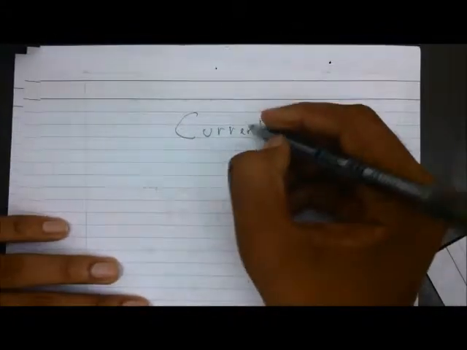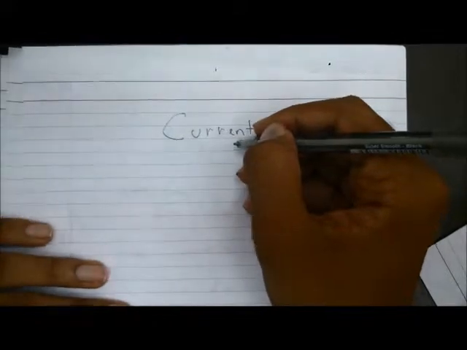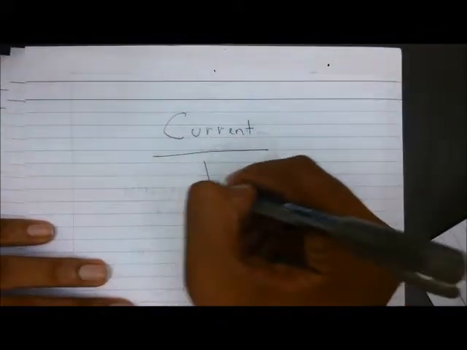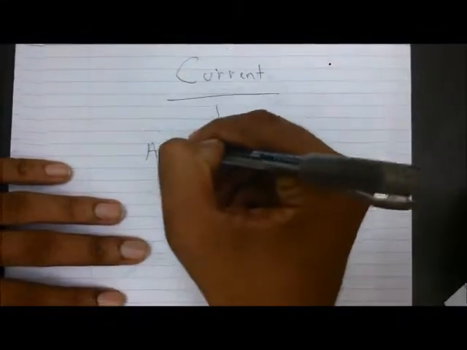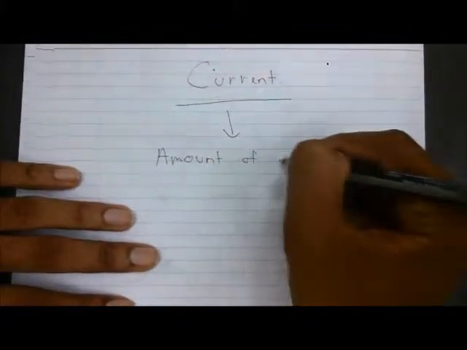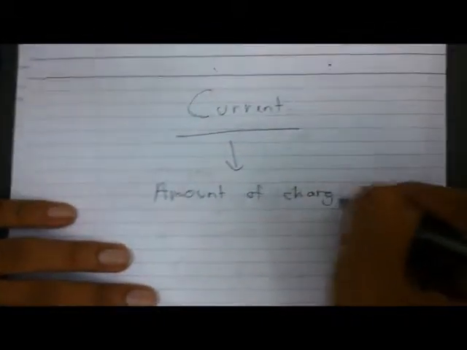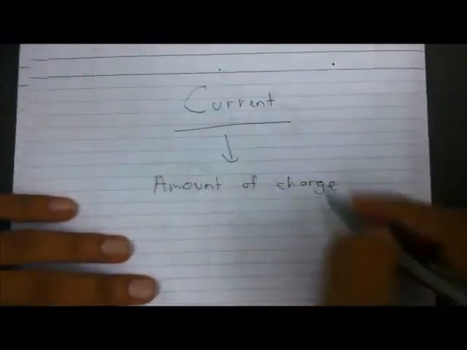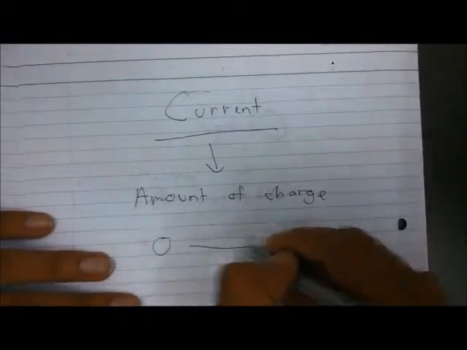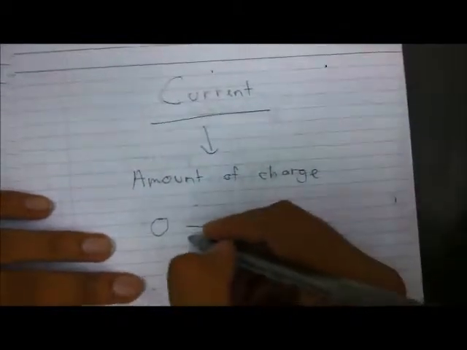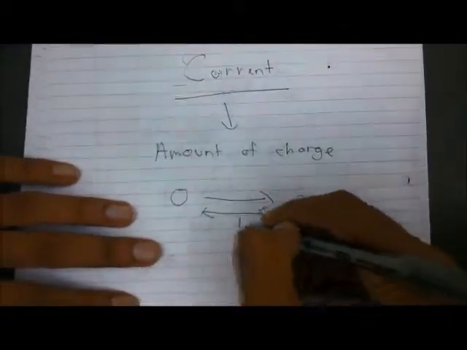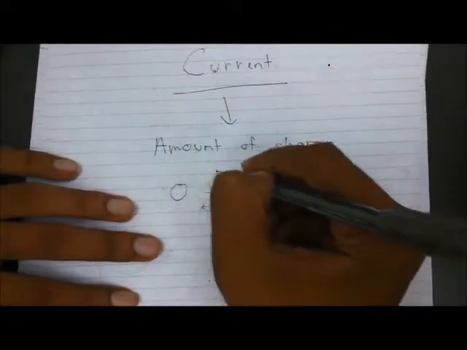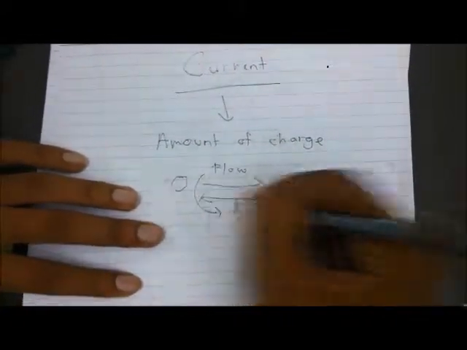Going on to the third subtopic, current. Current is the amount of charge that flows from a point to a point over a period of time. So it's a flow over time.